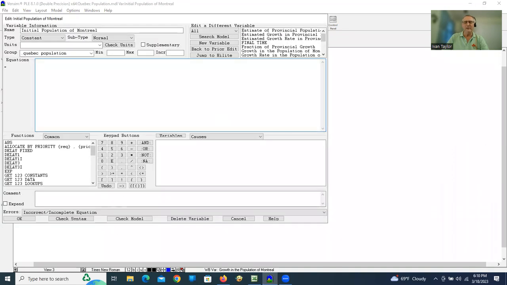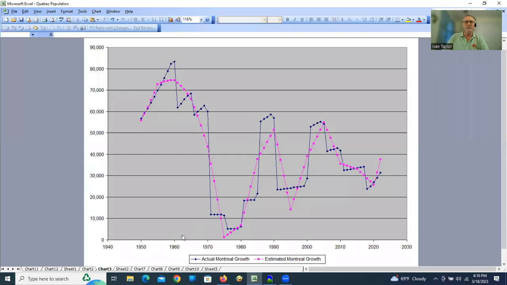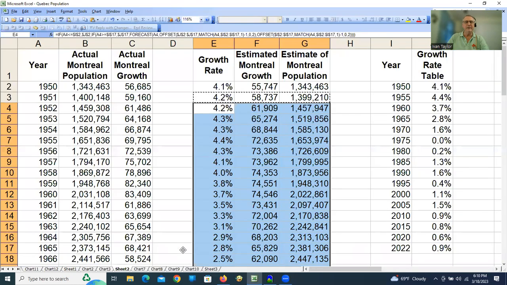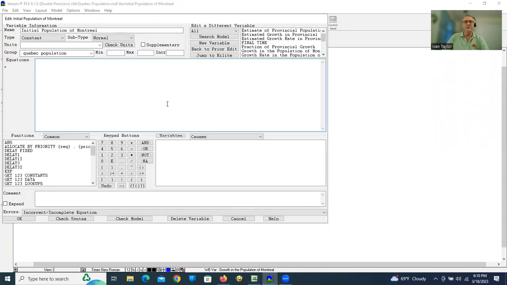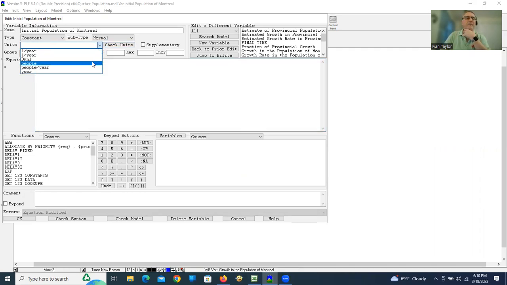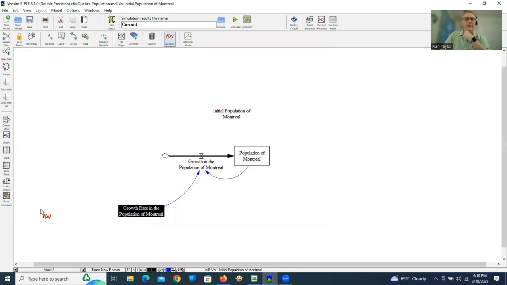So we'll go back to the Excel model and go to the sheet, and we'll copy the actual population into this formula, and we will remove the commas, and we'll call this people, units of people. And now we have the initial population in the formula.